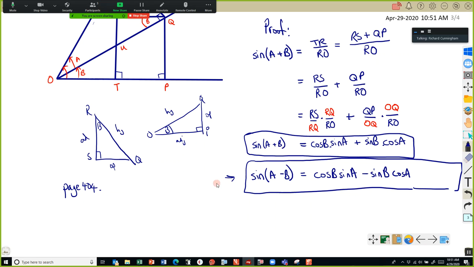It's just replacing B with negative B. I wouldn't really bother with that one because it's just imagining the angle going in the opposite direction. The one that is quite a good question is question 2, which is this compound angle formula. So you have to prove this one doing it a very similar way.